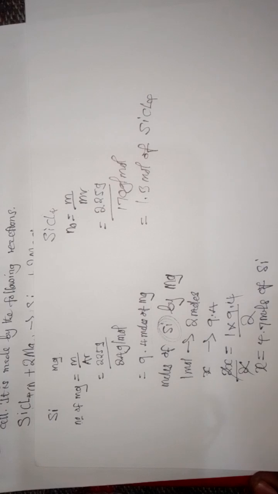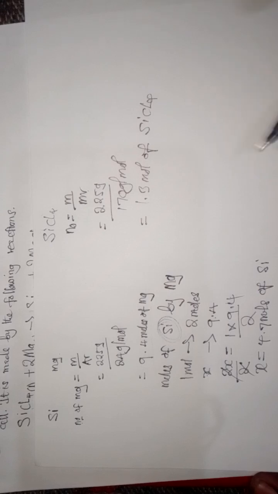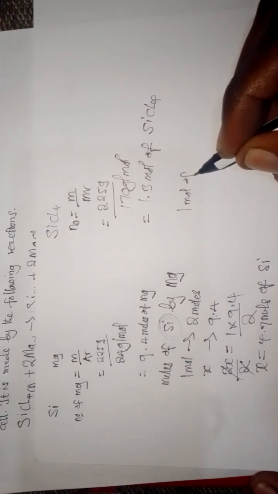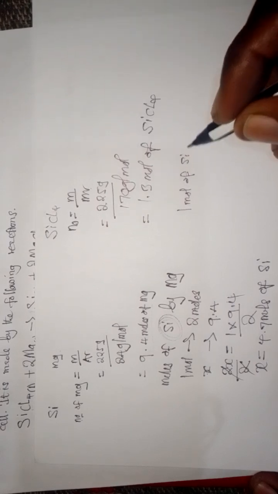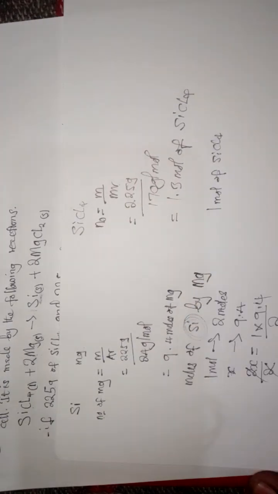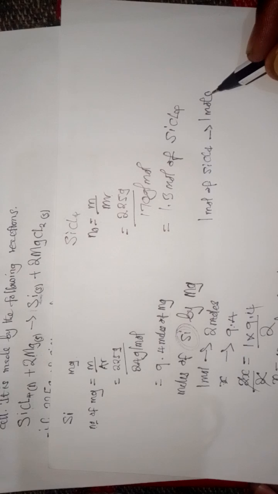Then another thing, we need to relate this silicon to what? The number of moles of this silicon to the number of moles of silicon chloride. So we can say 1 mole of silicon chloride. If we check our question there, here we have 1, that's 1 mole. So we can say it is equal to 1 mole of silicon.